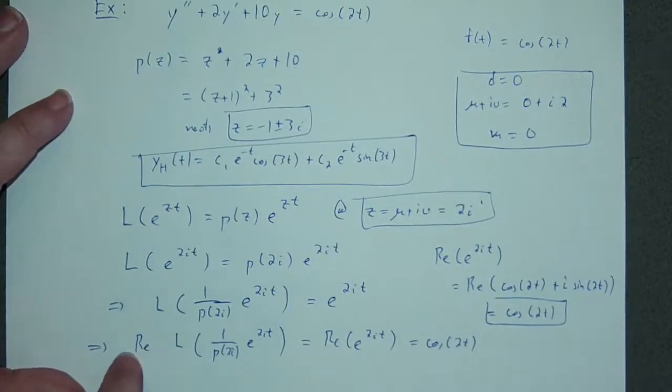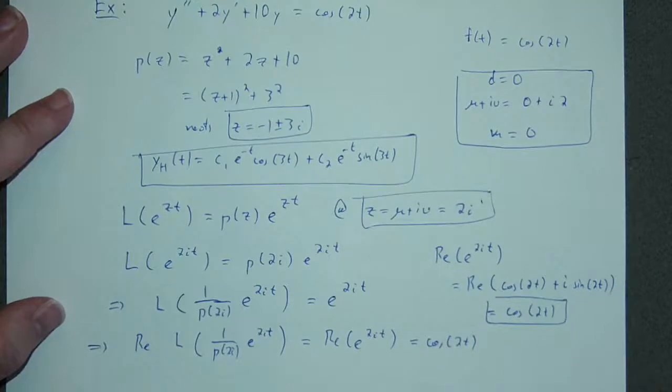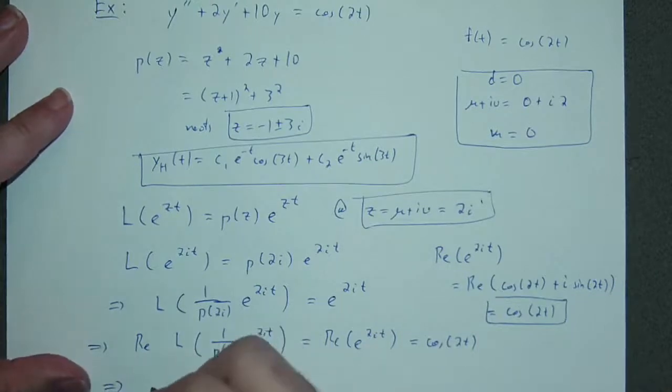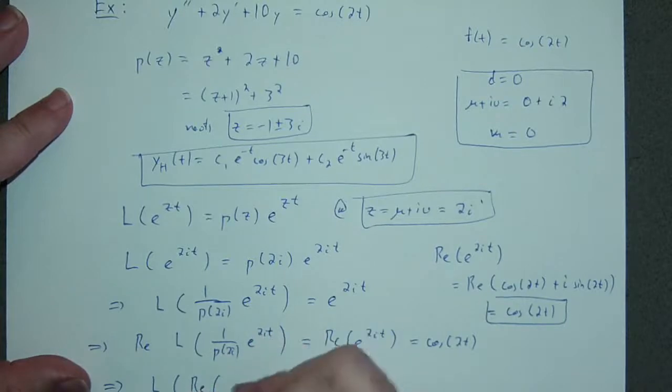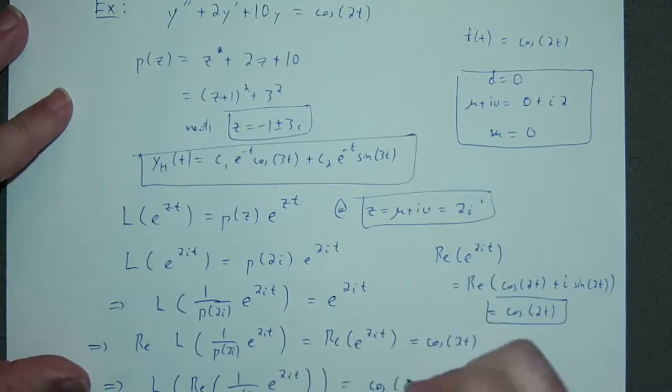Well, it turns out that the real part can be factored through L, and that's the only time I'm going to mention that. From now on, I'm just going to go through. So what this means is that L of the real part of 1 over p of 2i times e to the 2it is equal to cosine of 2t.